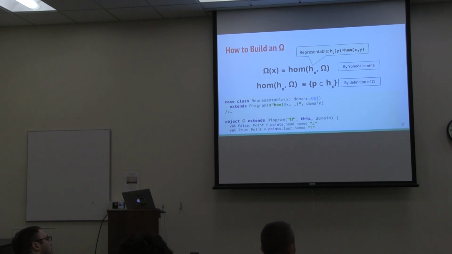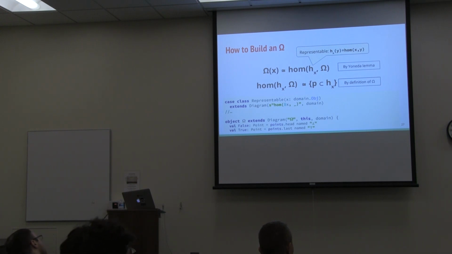So we define omega like this, omega on A, B, omega on D, omega on C. These arrows are defined in a pretty trivial way. But how do we build these things? By the Yoneda lemma, we have this, and it's not equal, it's more or less in one-to-one correspondence.